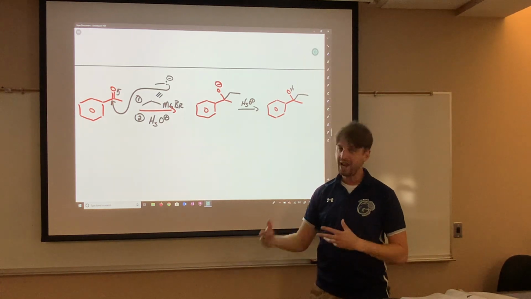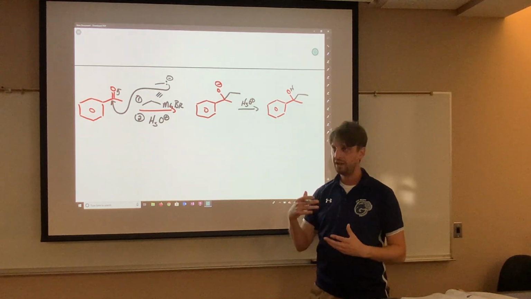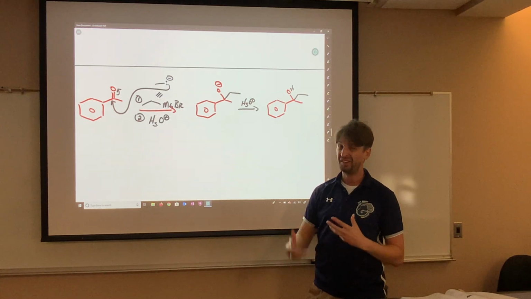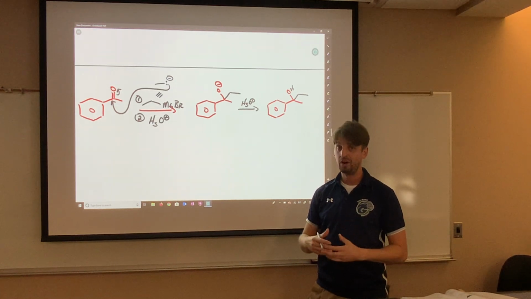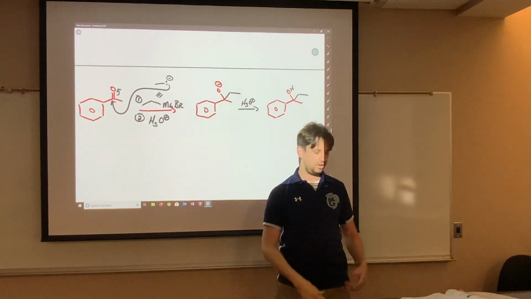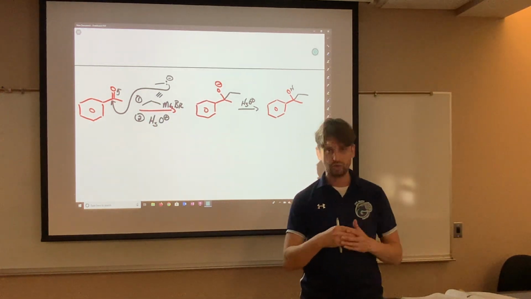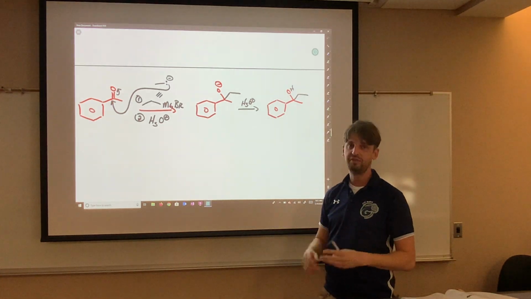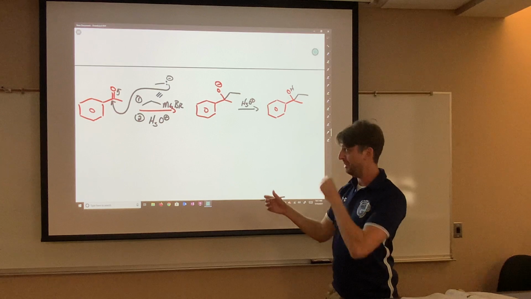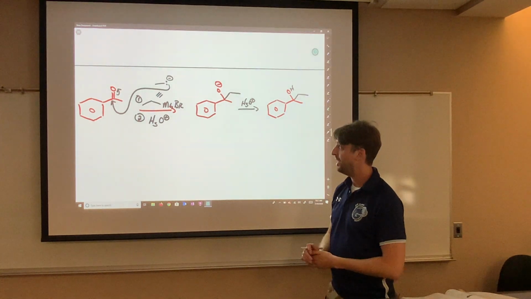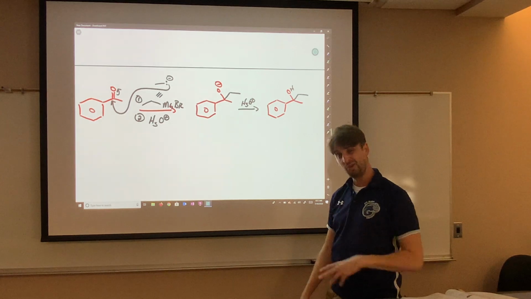And if we had any kind of protic functional group there, or even if we had somewhat acidic hydrogens bound to carbons, the Grignard would go after those acidic hydrogens, and it would prefer to do the acid-base reaction rather than the nucleophilic attack here. And in fact, it probably still would in this case.